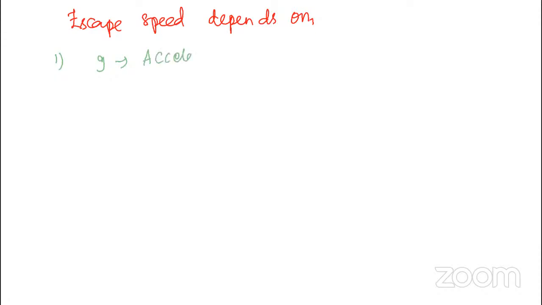So escape speed depends on, first one, g, the acceleration due to gravity.